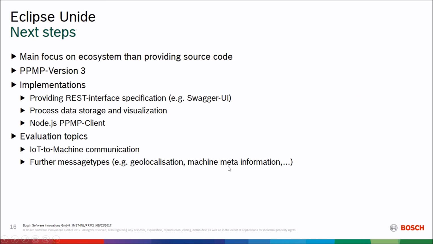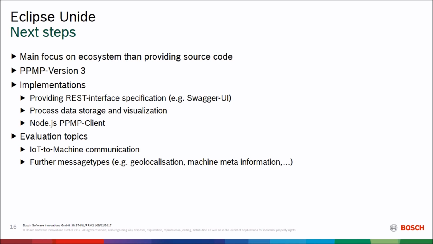What are the next steps of Unide? Like I said, our main focus is on building up an ecosystem with the common language PPMP, then providing source code or a lot of implementations. We just want to help interested parties to implement this PPMP in their systems.